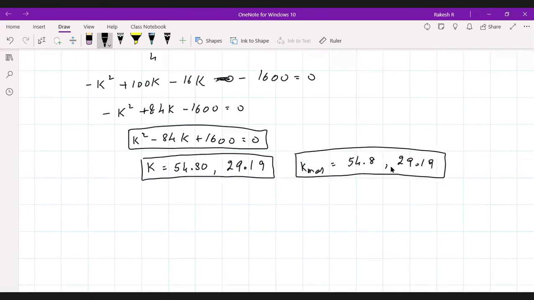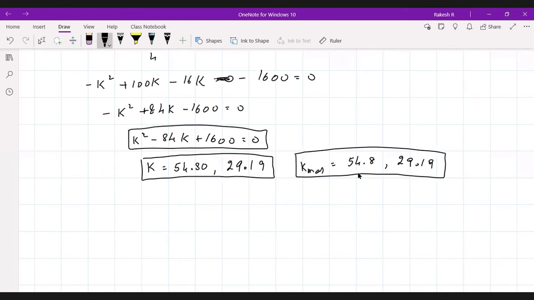That means for this sum, for values in between these, the system is stable, and above that, the system becomes unstable. This is what you need to see here.